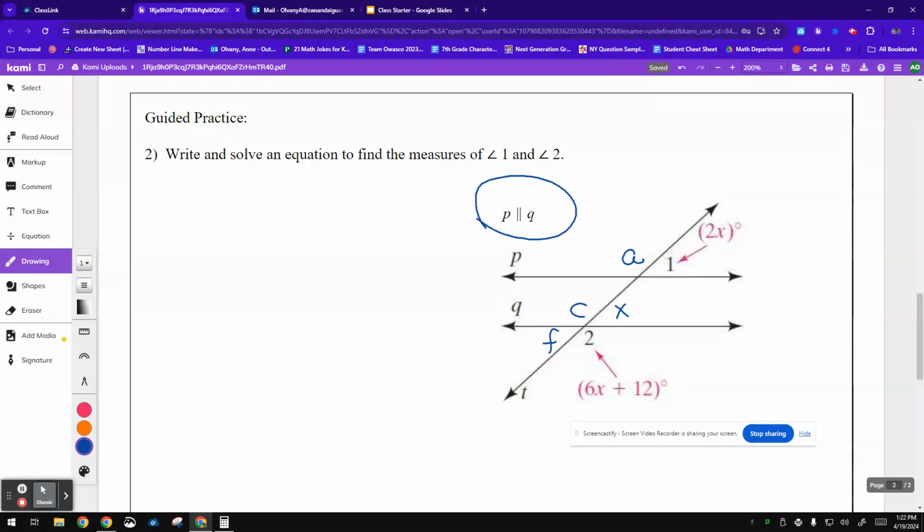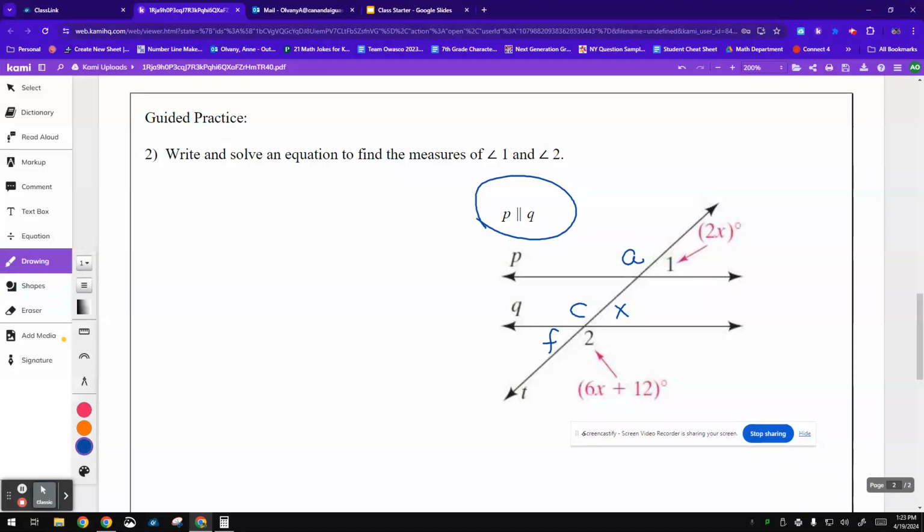What do you know about these, Evie? She says they're corresponding. Can you tell me why you think that? She changed her mind. What do you think? Sarah's going to rethink that. Say it again. So angle 2 is vertical to angle C, which is corresponding to A, I think. So 2, C and A are equal because this is equal to this because they're vertical, and this is equal to this because they're corresponding.